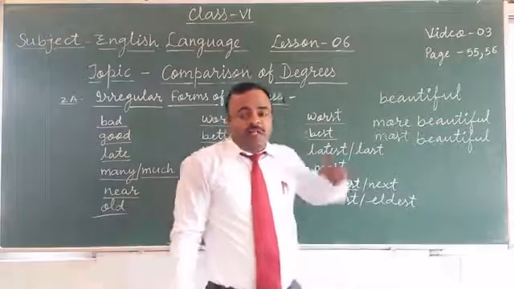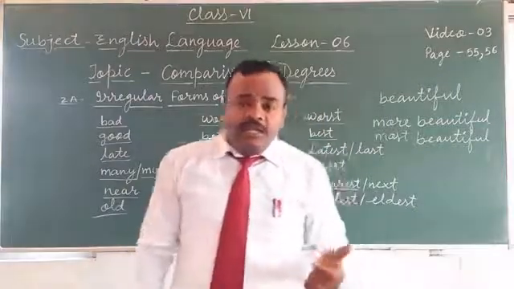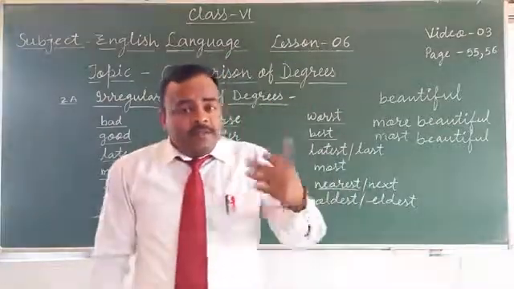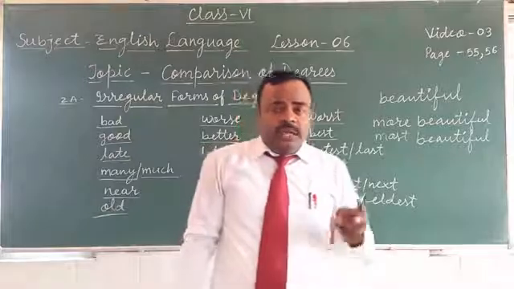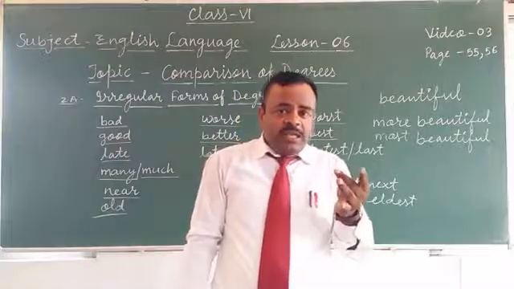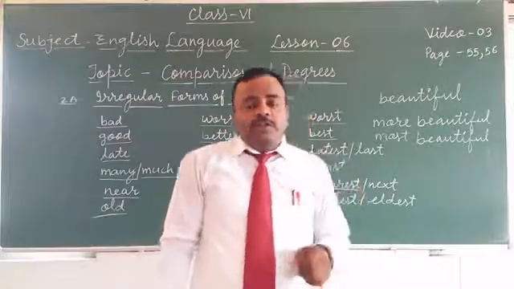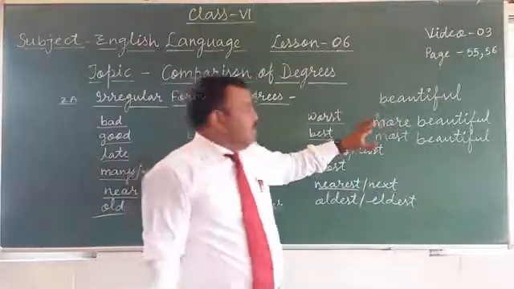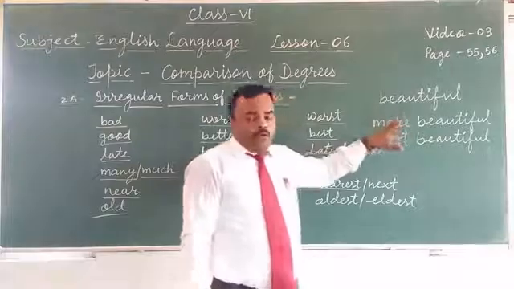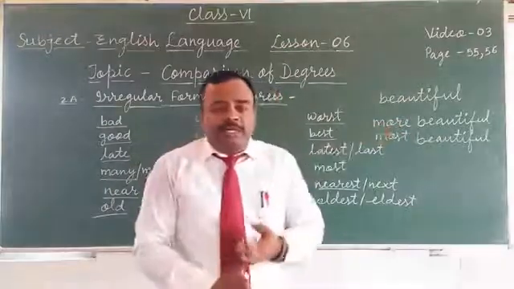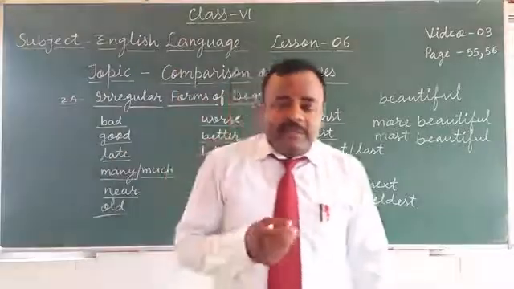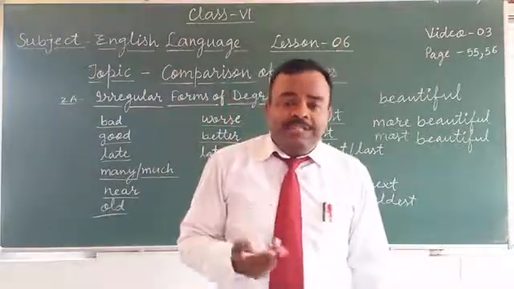In the same way, intelligent. It has 3 or 4 syllables, so these are longer words. What will be the comparative degree of intelligent? More intelligent, and superlative, most intelligent.